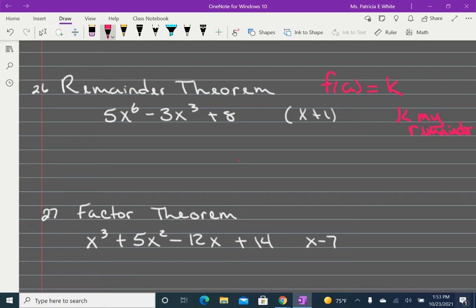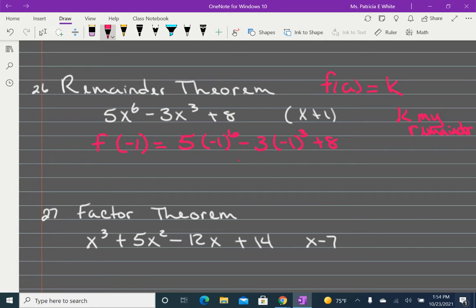So I want to find out if I divided 5x to the 6th minus 3x to the 3rd plus 8, if I divide that by x plus 1, what will my remainder be? So I'm going to do f of, remember it's always going to be the opposite, 5 times negative 1 to the 6th minus 3 times negative 1 to the 3rd plus 8.